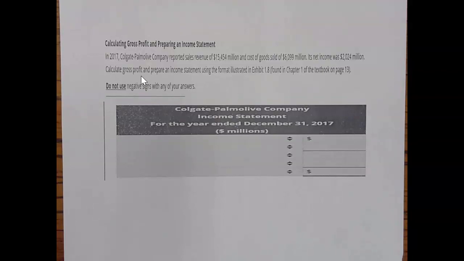This is probably from an exercise in a book, because I see some drop-down menus here. But it says in 2017, Colgate-Palmolive reported sales revenue of $15,454 and cost of goods sold of $6,099, and it had net income of $2,024.